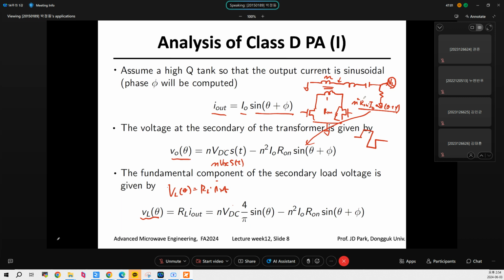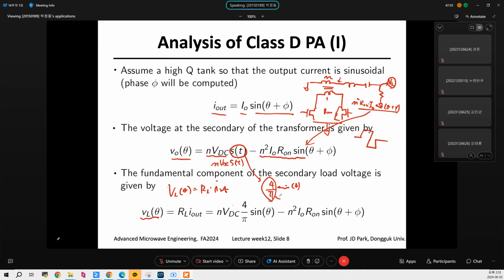Eventually it has an N-scaled I out R on term, and the VDC term is N multiplied by VDC and the sine function, which is a 4 over pi term at the first harmonic, for the fundamental.